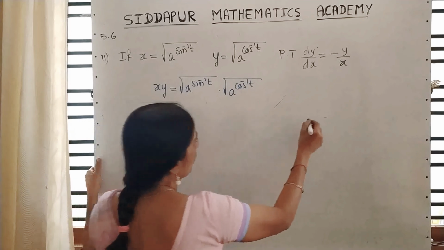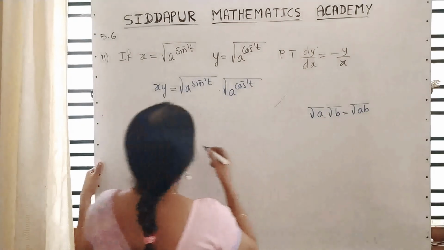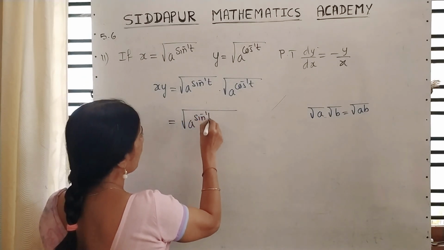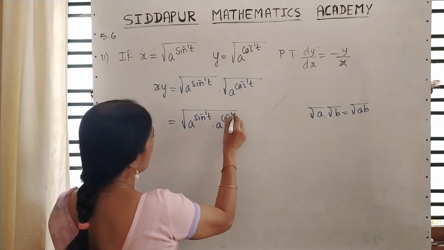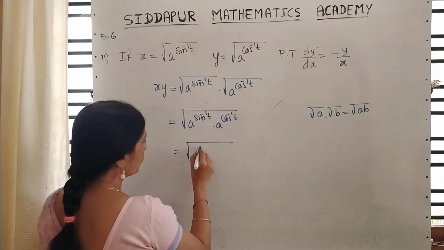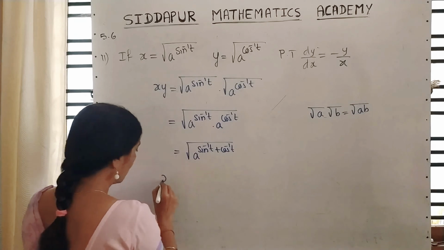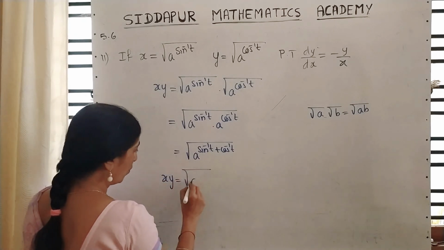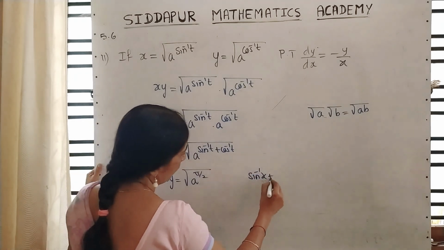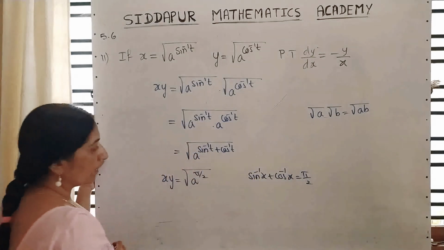They are in the form of root a into root b, that is root ab. And a raised to m into a raised to n is a raised to m plus n. That is xy is equal to root of a raised to pi by 2, because we have a formula sin inverse x plus cos inverse x is pi by 2. Instead of x we have a t.